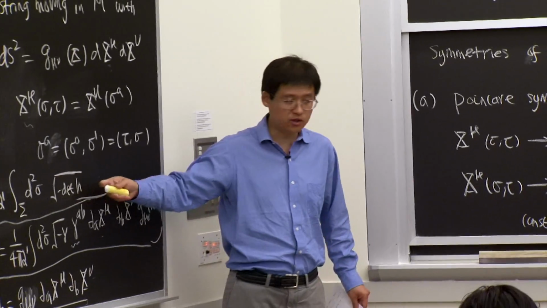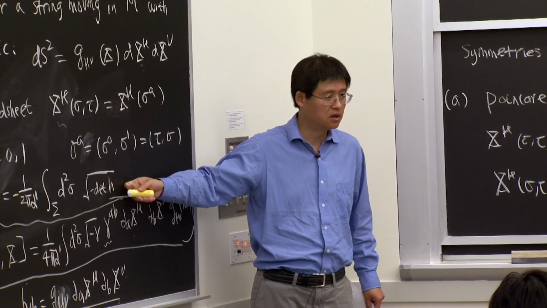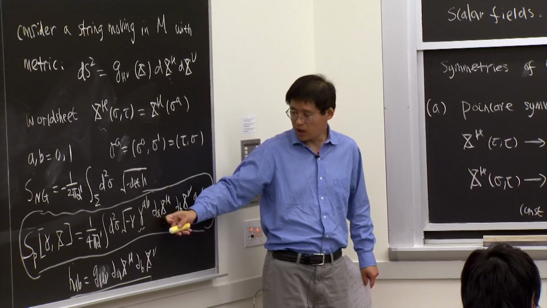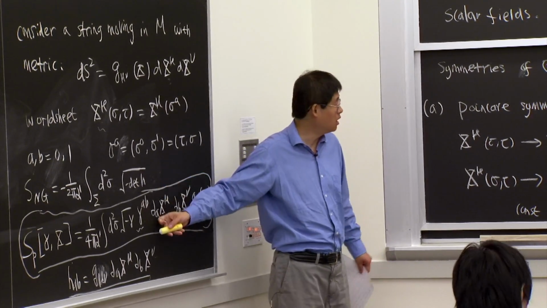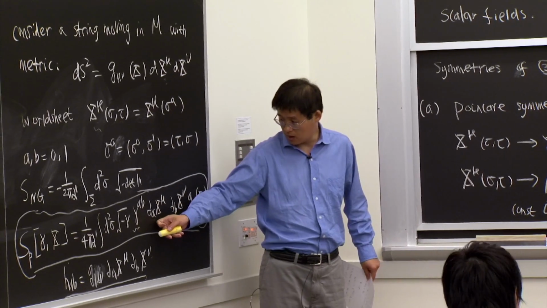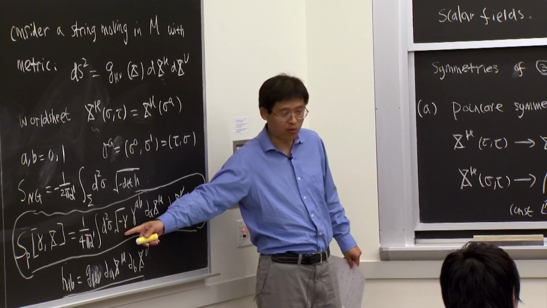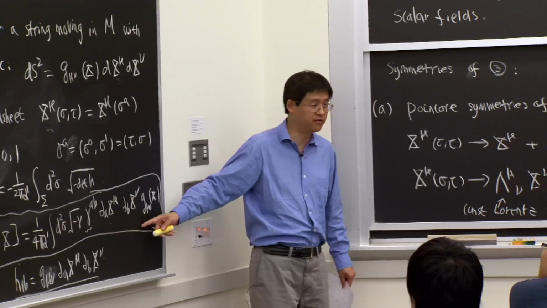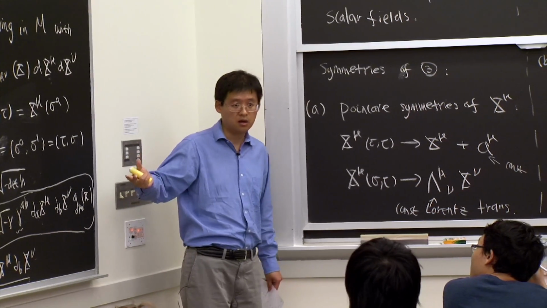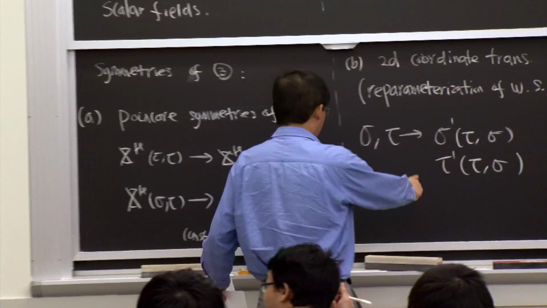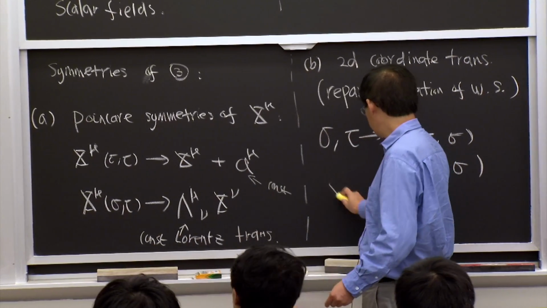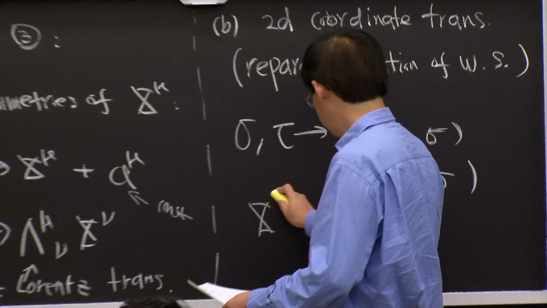The Nambu-Goto action is by construction invariant, and this Polyakov action, which we obtained by rewriting the Nambu-Goto action, is also by construction, because it's manifest: it's like a covariant curved space action for scalar fields. So this is automatically invariant under the coordinate transformation. And under this coordinate transformation, x mu just transforms as a scalar field.